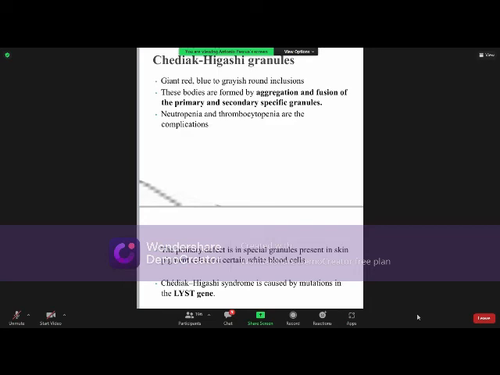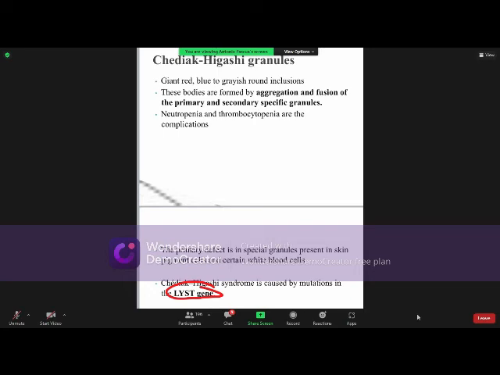So, in Chediak-Higashi, aside from affecting your WBC, it also affects your platelets, because our platelets also have granules. And as to genetic studies, this Chediak-Higashi has been associated with mutations on your LYST gene.